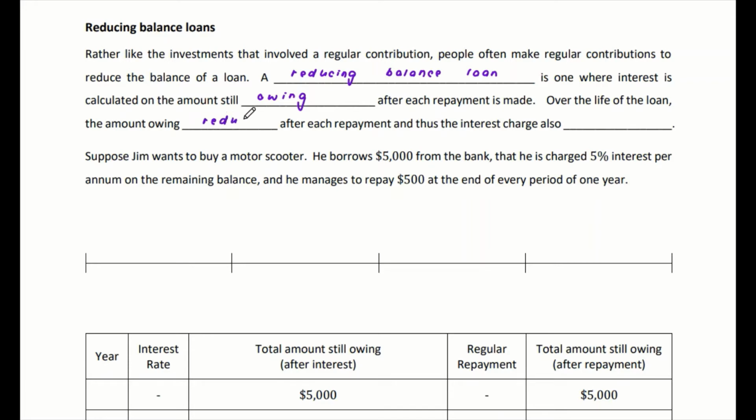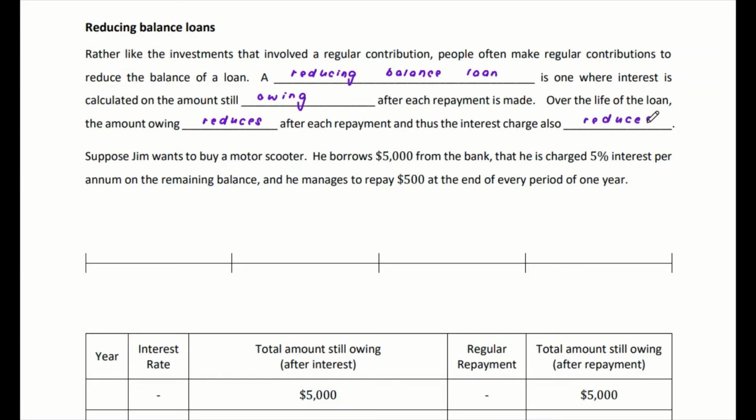Otherwise, if the amount owing increases after each repayment, you would never be able to repay the loan. So over the life of the loan, the amount owing reduces after each payment, and that's why the interest charged is also reducing.